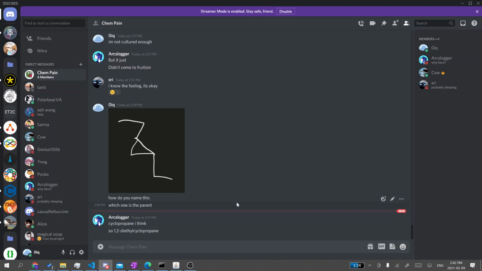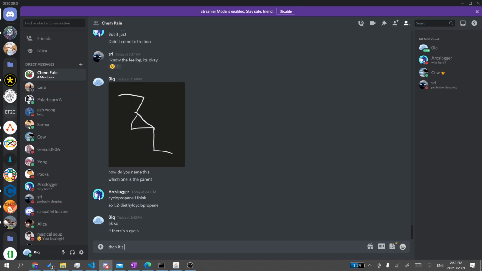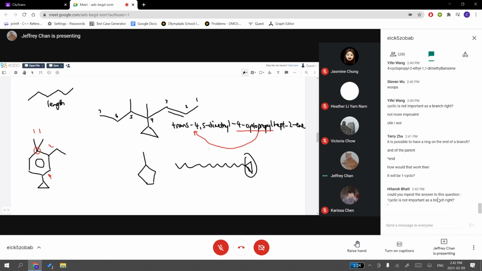If you have something like this, this is a methyl at the end of the methyl, or on the other end, there's a ring. So this is technically what you said. If you have something that is super long, something like that, then yes, the cyclo would be the branch. It's the same importance, provided that the cyclic doesn't have a double bond or a triple bond.